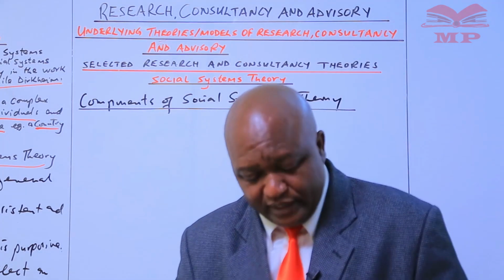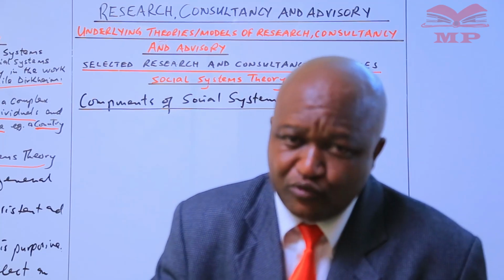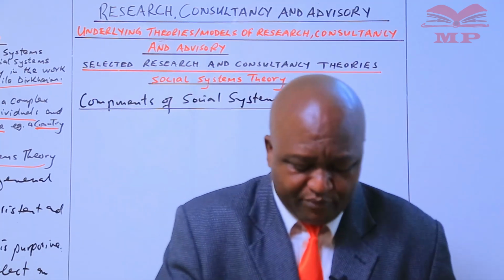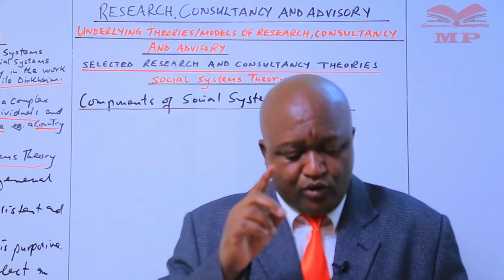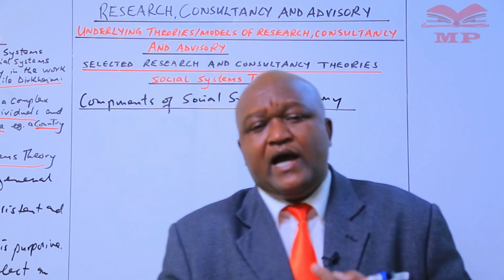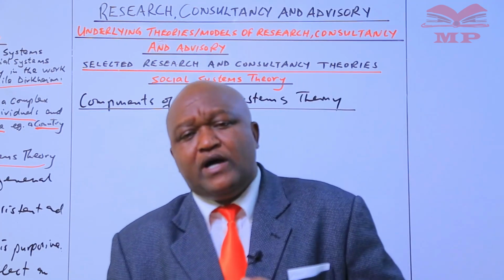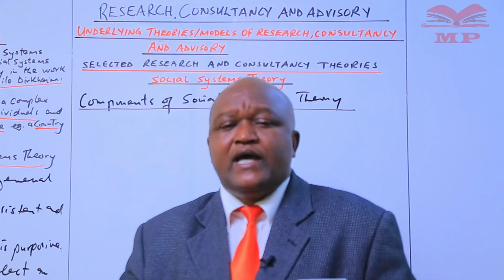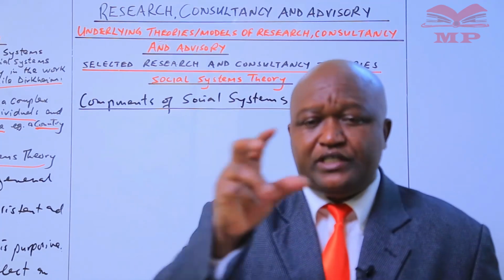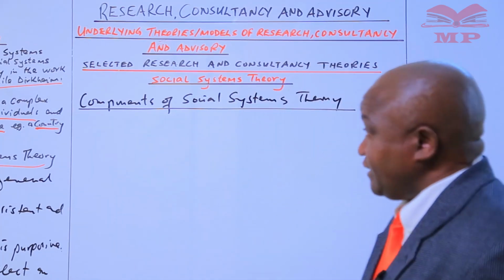These components are: you have an input within the system, a process in the system, an output in the system, a feedback loop from output to input, and then the environment within which that particular system operates.